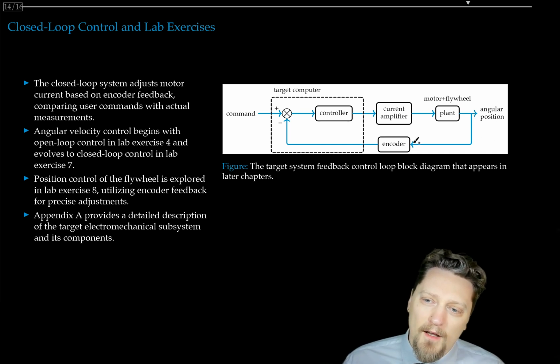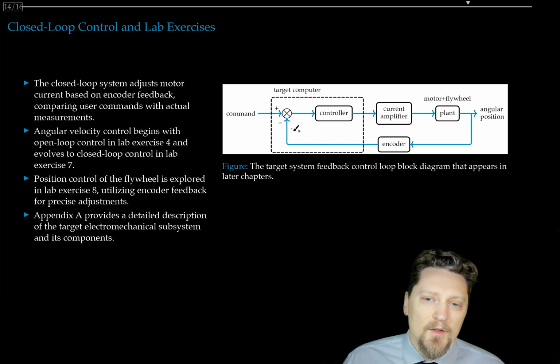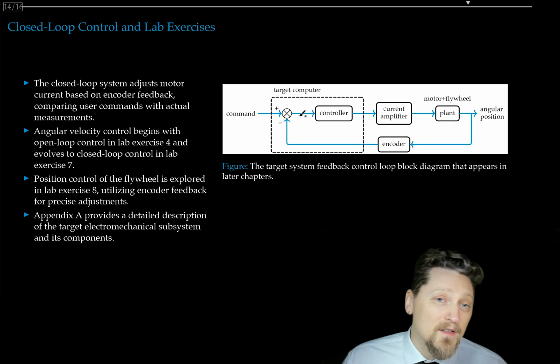We take a feedback measurement with an encoder of that angular position, feed it back to the target computer. The target computer takes a user's command for what that angular position should be, subtracts out what the actual measurement is from the commanded value, and the difference is the error, right? We would like that difference to be 0.